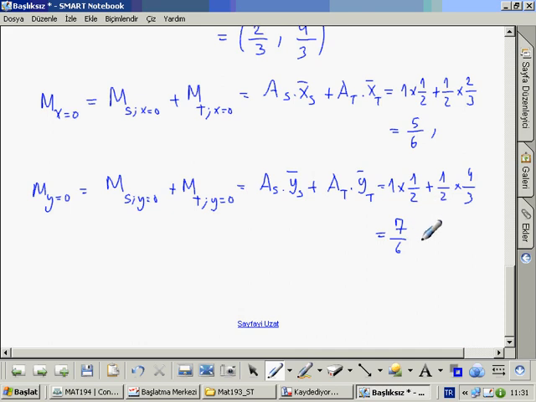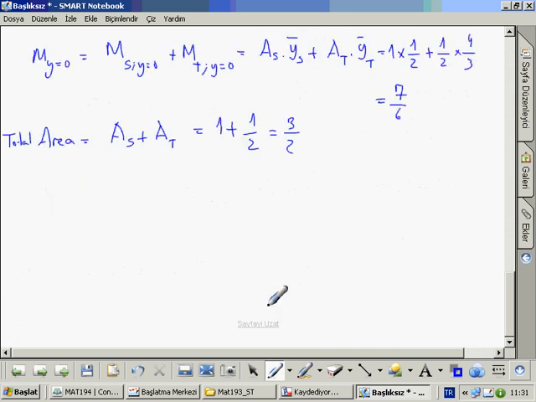The total area, A_S plus A_T, equals 1 plus 1 over 2, which is 3 over 2.